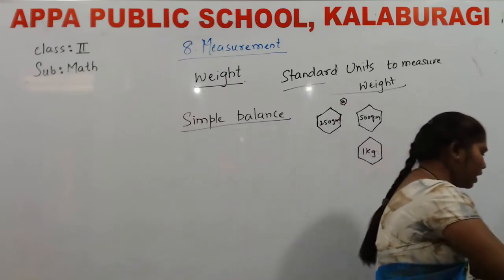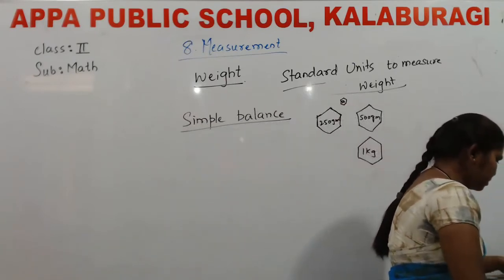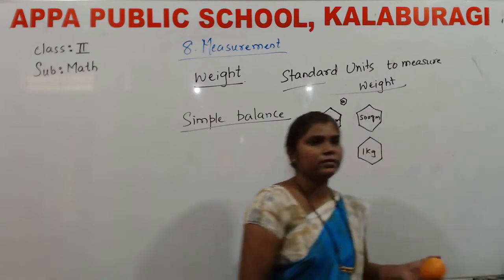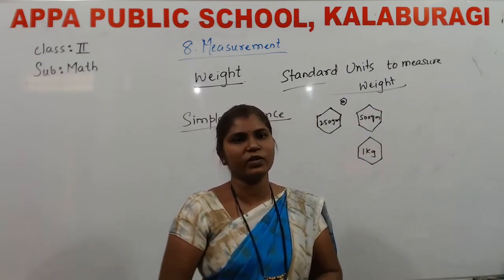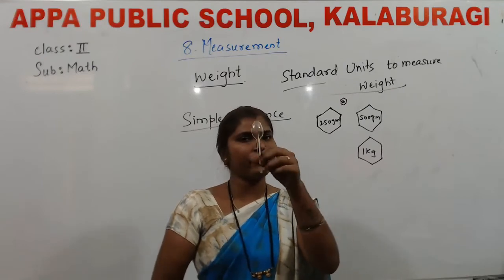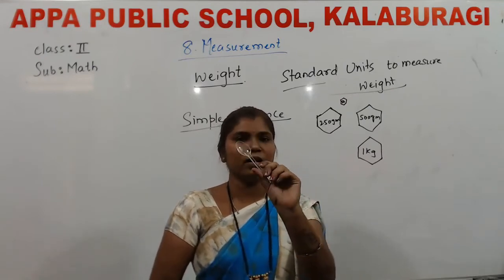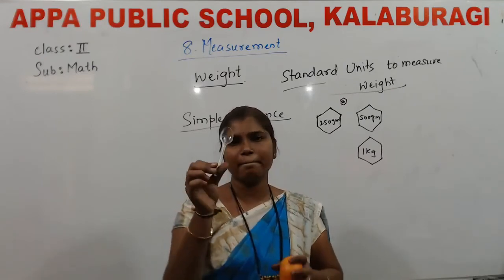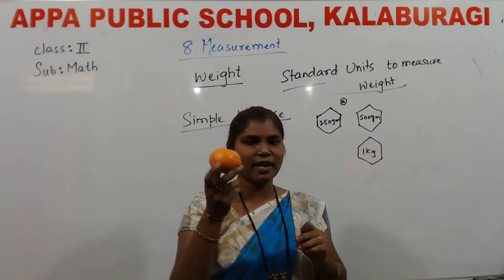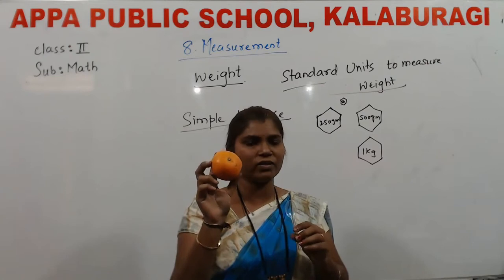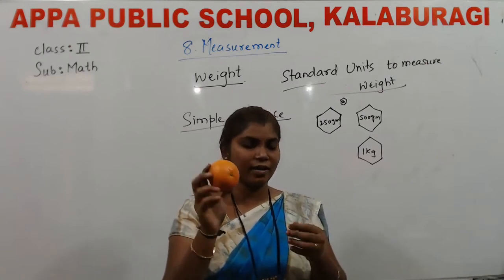Now I have got some items here. You have to just tell me which is heaviest and which is lightest. I have here a spoon which is made of plastic, and next I have an orange. Everybody loves oranges.